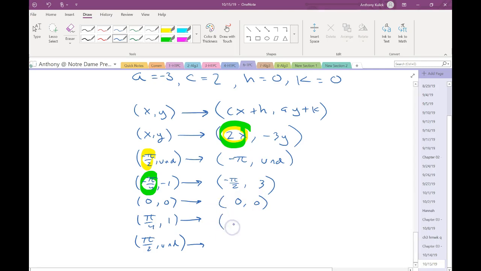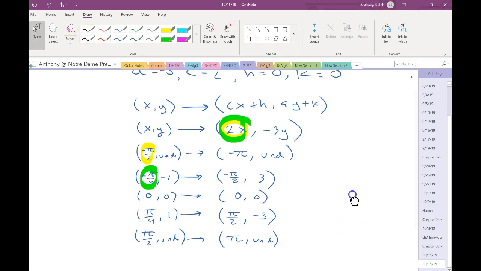My next point, what should that be? Positive pi over 2. Good. And then negative 3. So far, so good? And my last point should be pi and then undefined.